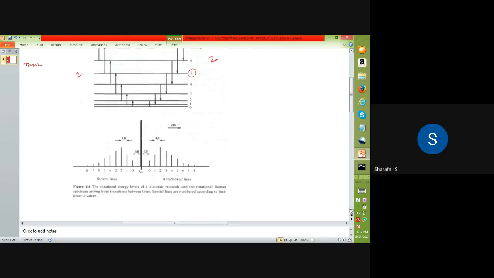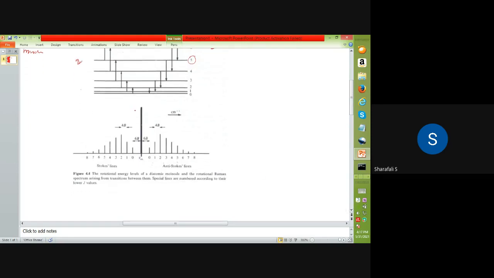And from that fundamental excitation level, this is your new excitation bar, this central one. From that, the first line will have a separation of 6b. Remember that?